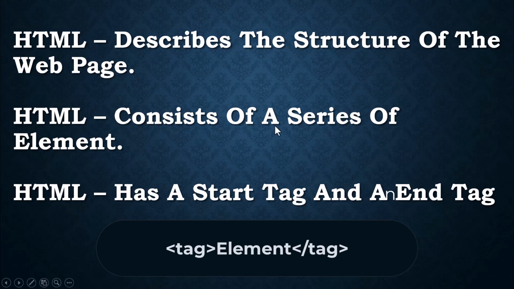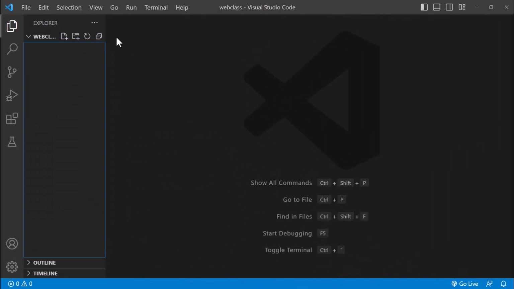I'm going to pull up my Visual Studio Code so we can actually write HTML. Okay, here I'm in my Visual Studio Code, so we're going to create some files and get started. If you're seeing this environment for the first time, look at the top left-hand side and you will see some icons: new file, new folder, refresh Explorer, and collapse folders in Explorer.